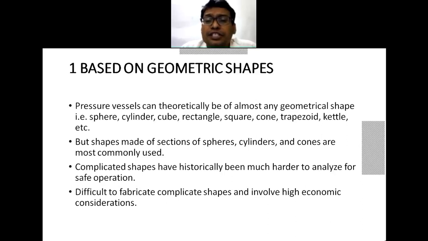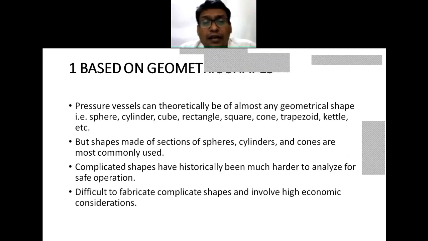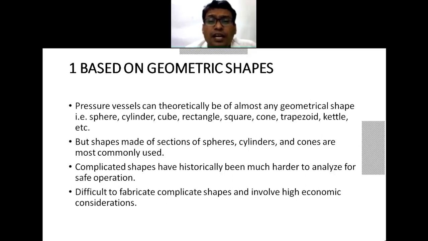Complicated shapes have difficulty in analysis, in how the stresses will behave, how the reactor fluid is going to behave, and which fluid dynamics that shape can have. Then there are the economic considerations in fabrication of complicated shapes. So considering all these factors, preferably it's the sphere, cylinder, square, or cone shape, or a combination of those that can be used.